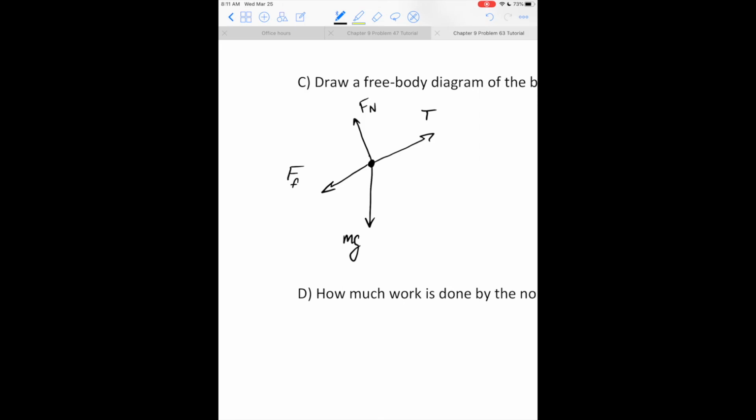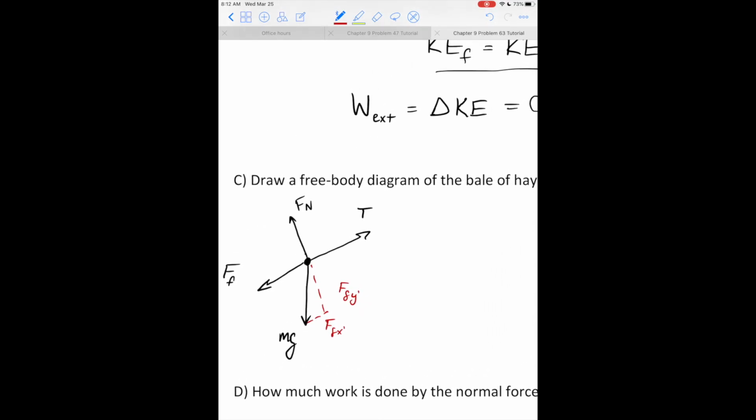And then because we're on this x prime, y prime, of course I need to consider the FG y prime and the FG x prime components. We remember that this angle is 15 degrees. It's whatever the angle of the incline is.